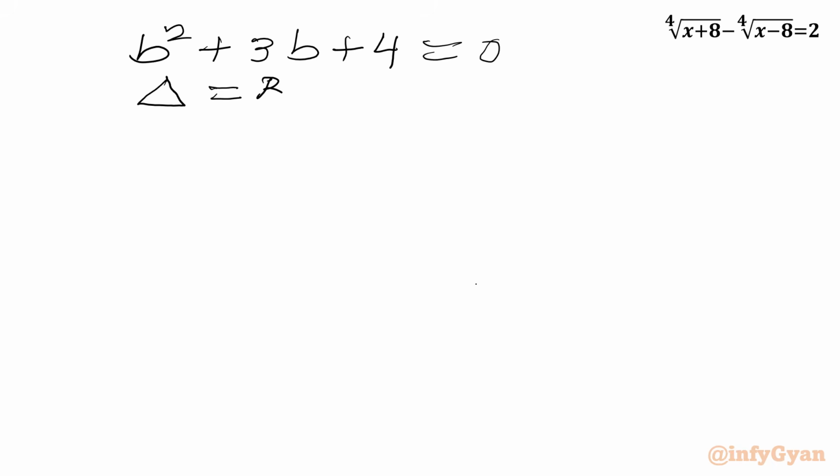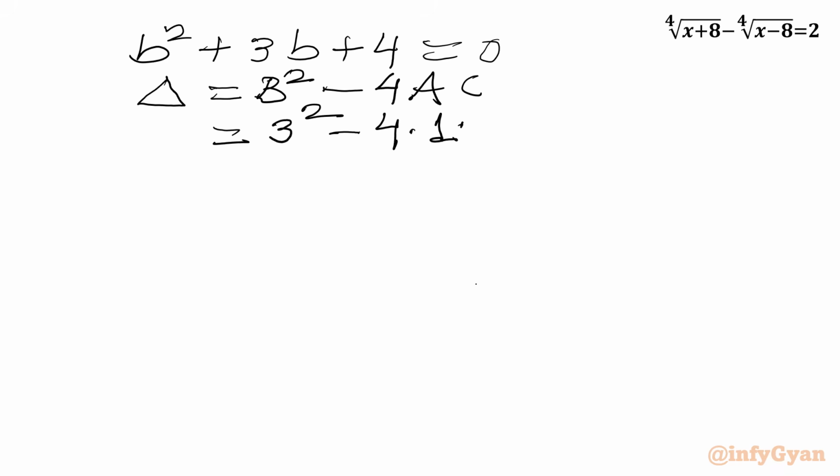This is equal to b square minus 4AC. b is the coefficient of small b, that is 3. So we'll write 3 square minus 4 times a, the coefficient of b square, which is 1 here. c is the constant 4 here. So we'll write 9 minus 16.